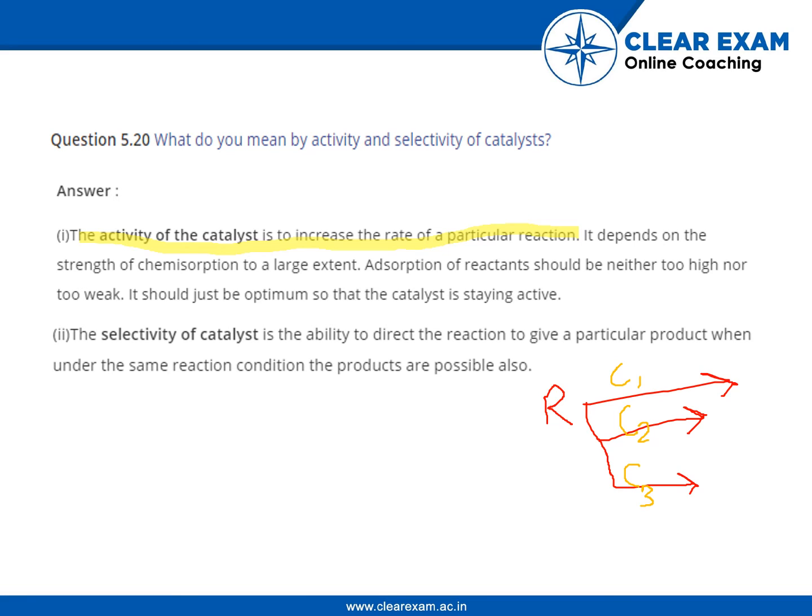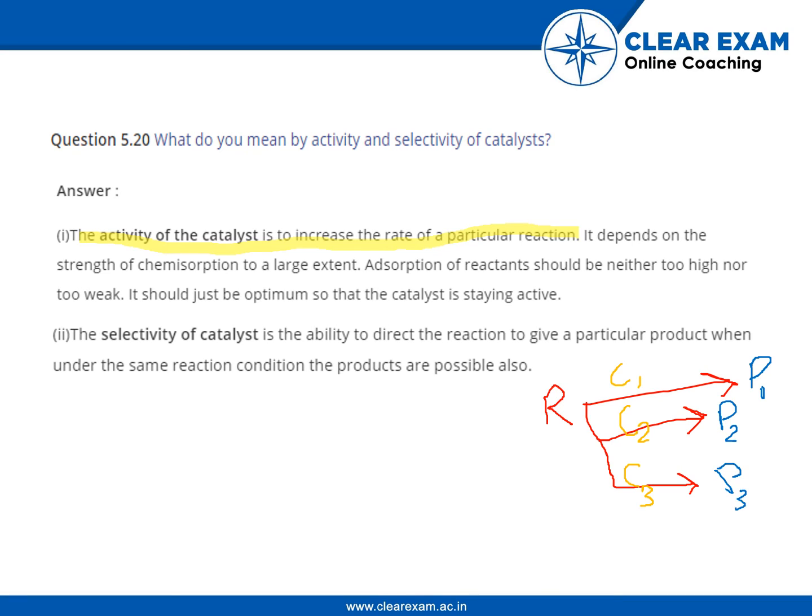If we use the catalyst C1 and the reactant R, we get the product P1. If we use the reactant R and catalyst C2, we get the product P2. And if we use the reactant R and the catalyst C3, we get the product P3.